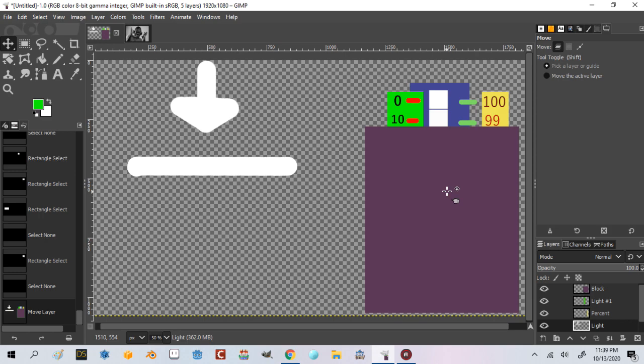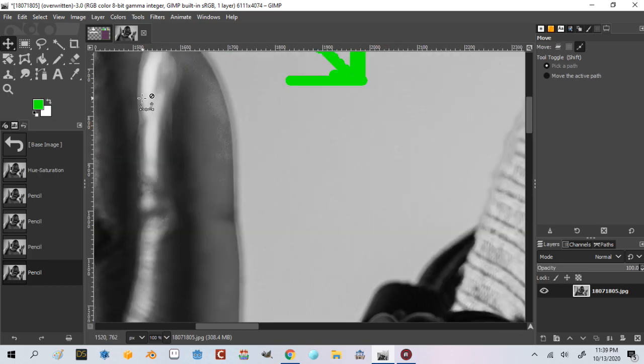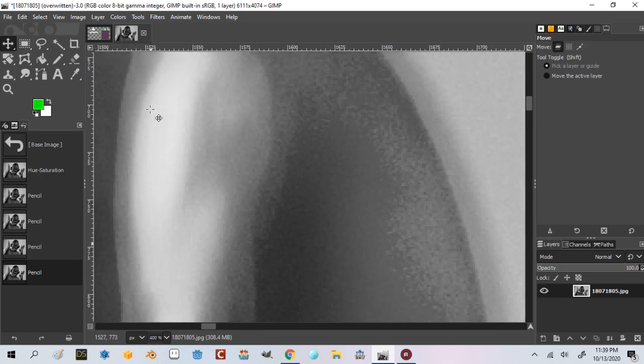Yeah, crazy, huh? I'm going to go back to this picture here and use it as an example. If you notice, this is the angle the light is hitting. And here on the nails is a perfect example. When the light hits, as you can see, it is very bright. But if we zoom in, there is only this slight middle part that's the brightest, and then it kind of fades out just a little bit.